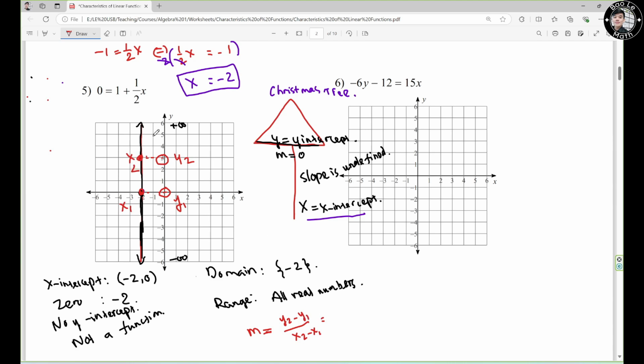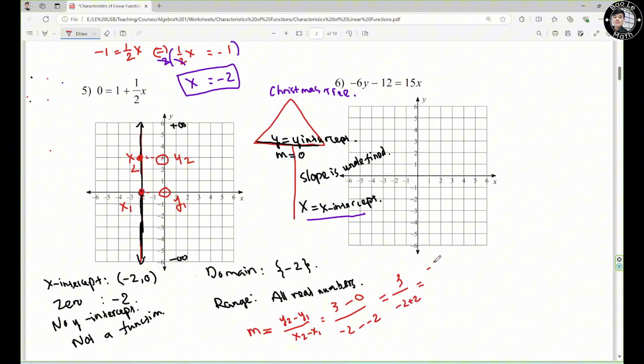Now y2 equal to 3 minus y1, which is 0, over x2, which is -2 because it stays on the same line, right? -2, and then minus x1 is still -2, so -2 minus -2, right? So it's going to be 3 divided by -2 plus 2.